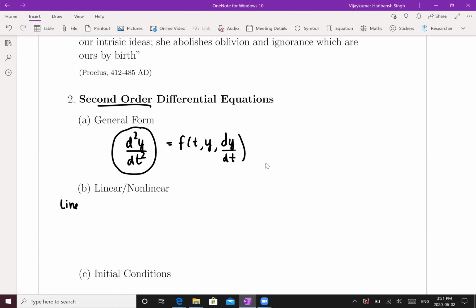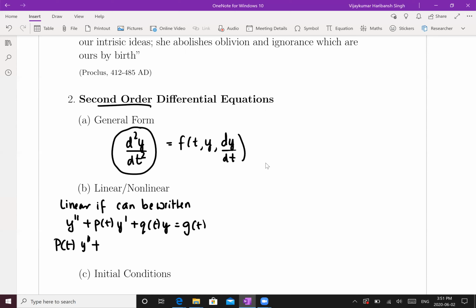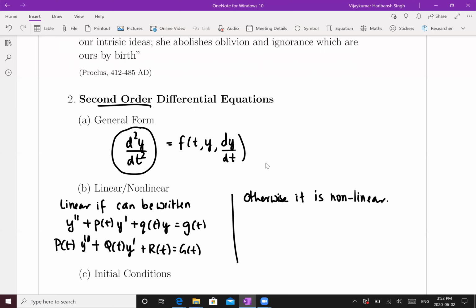It is linear if it can be written as y double prime plus p of t y prime plus q of t y equals g of t, or you can have p of t y double prime plus q of t y prime plus r of t equals g of t. Otherwise it is non-linear.